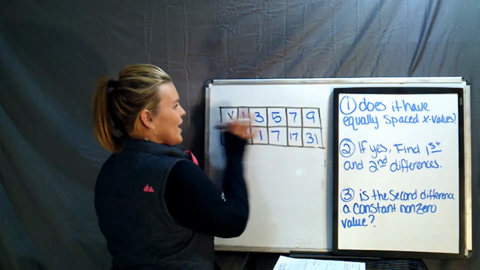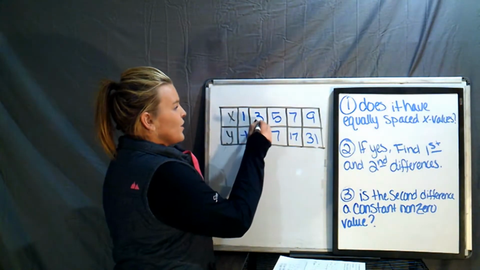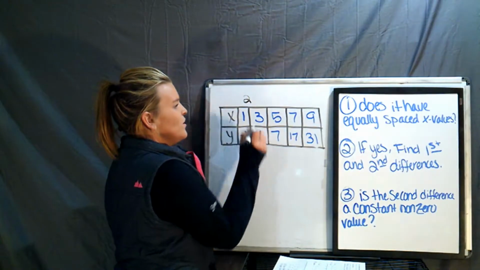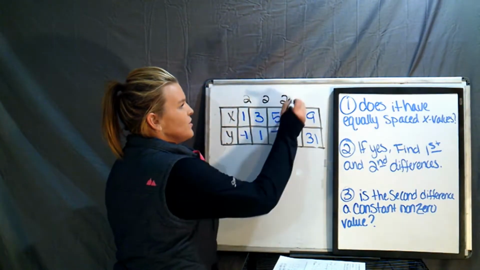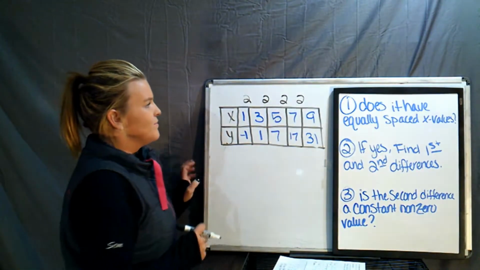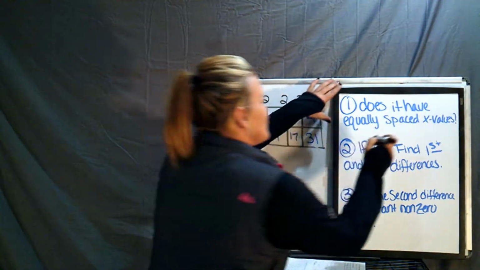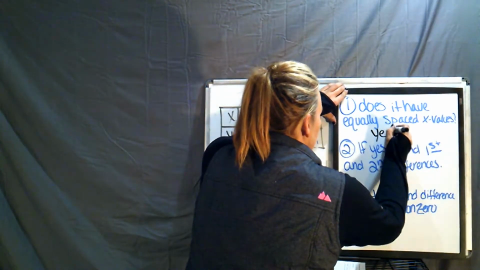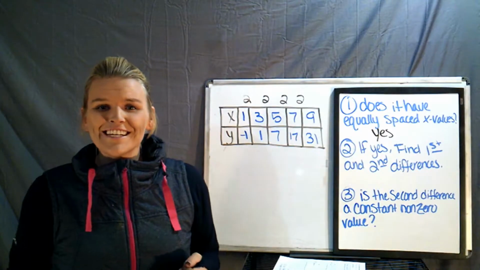So we're going to look at our x values up top here and see what the difference is between each of them. So between 1 and 3, that's going to be a 2. 3 and 5, a 2. 5 and 7, a 2. 7 and 9, a 2. So, does it have equally spaced x values? Well, yes, it does.